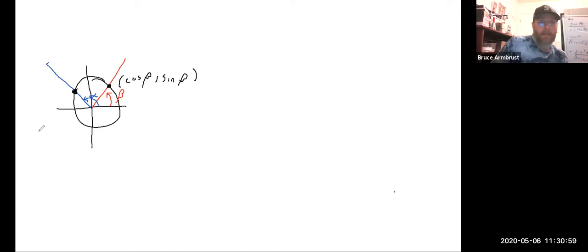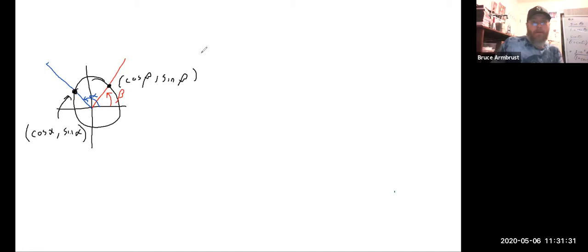So the other one over here has coordinates cosine alpha, sine alpha. So that's that point right there. That's just by definition. We knew that a long time ago.